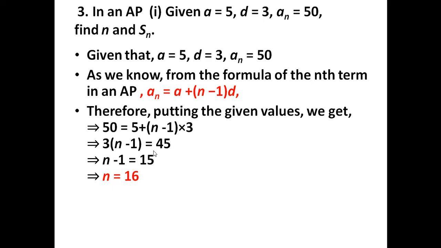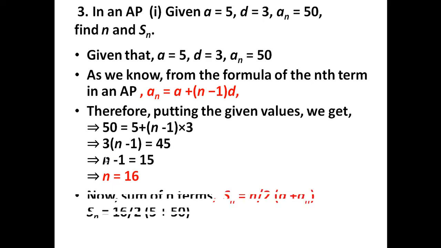If you subtract 5 from 50, you will get 45. Then the 3, which is in multiplication, will go to division on the other side of the equal to. So 45 by 3 is 15. So n minus 1 equals 15. So n is equal to 16 we will get.